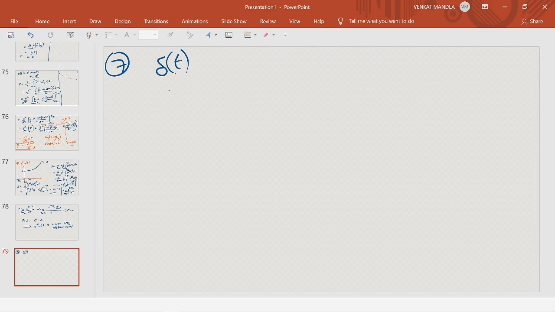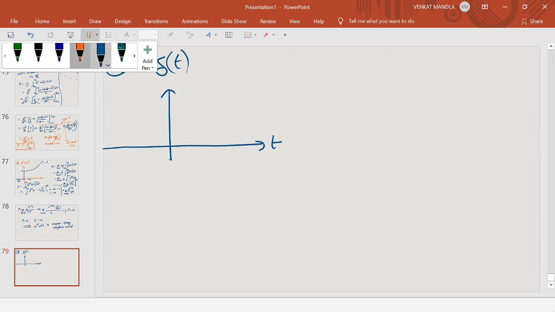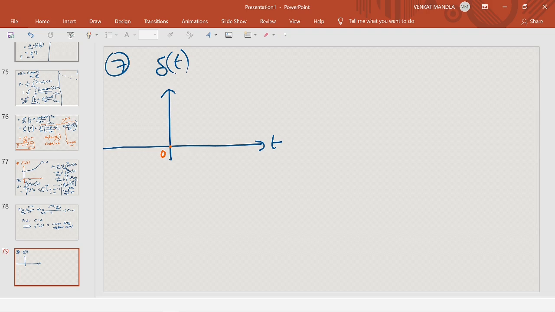We'll draw this. This is the signal. At 0 we have infinity. I'll write the mathematical expression also: infinity at t equal to 0 and 0 at t not equal to 0.